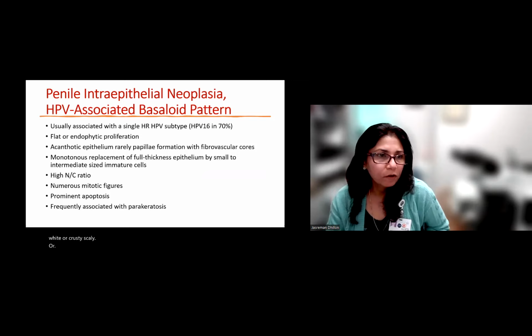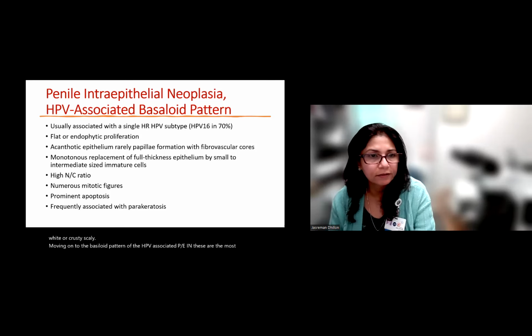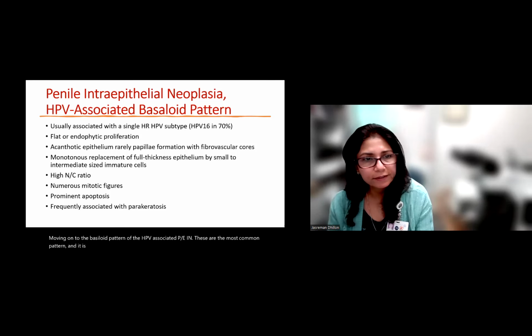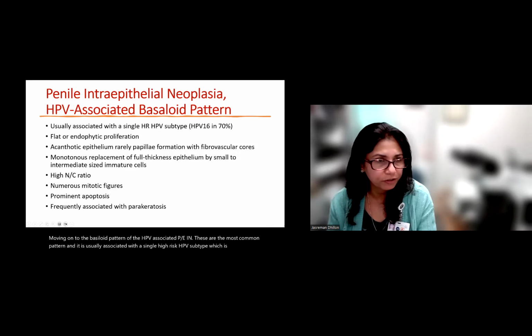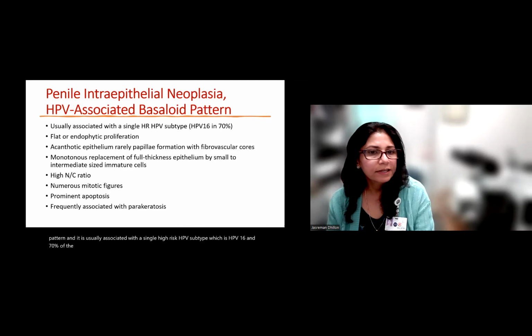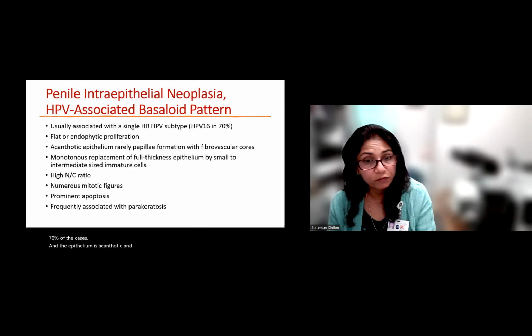Moving on to the basaloid pattern of the HPV-associated PEIN, this is the most common pattern, and it is usually associated with a single high-risk HPV subtype, which is HPV-16 in 70% of the cases. The epithelium is acanthotic, and rarely a pebbly formation with fibrovascular cores may be evident.